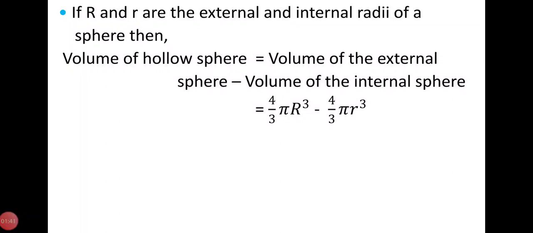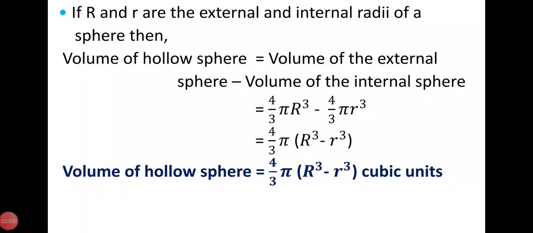Here r is capital R for the external sphere and small r for the internal sphere. So we write 4 upon 3 pi capital R cube minus 4 upon 3 pi small r cube. Taking out common, it equals 4 upon 3 pi into capital R cube minus small r cube.